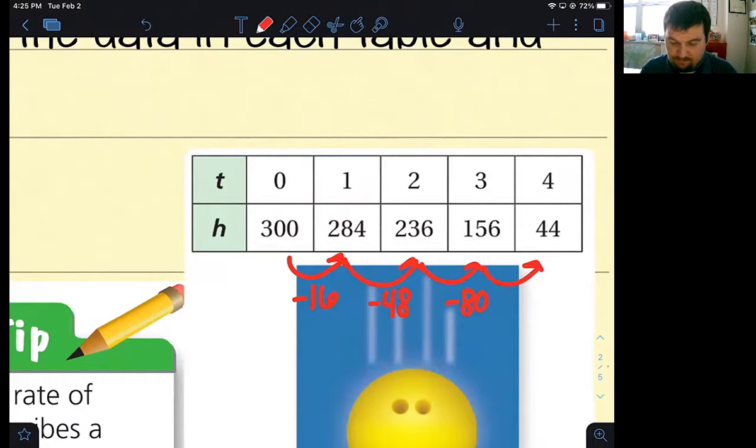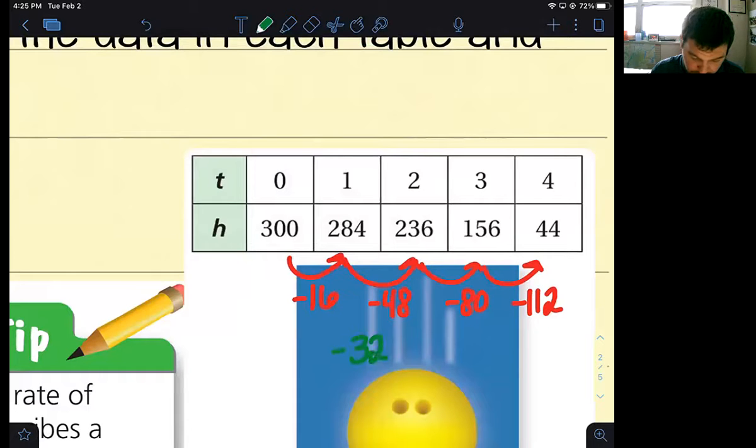Then it decreases by, I should be able to do that in my head, but I want to make sure I get this right. 156 minus 44. Yep, 112. Good. So it keeps getting faster and faster. I want you to compare, though. If you look to see, what is this?